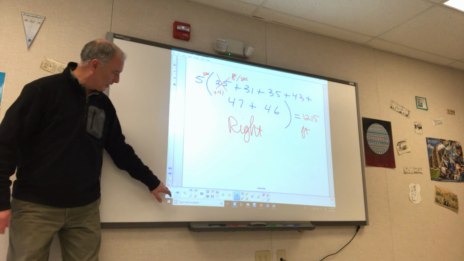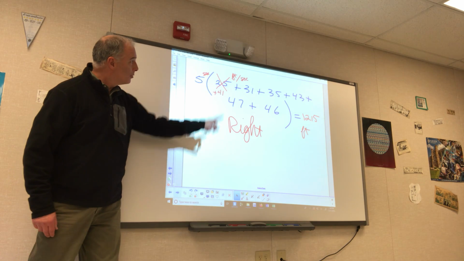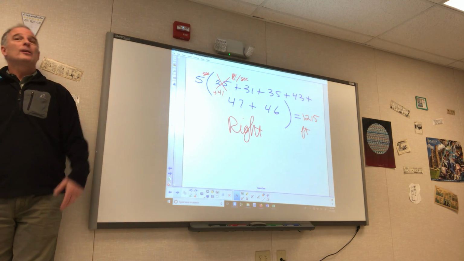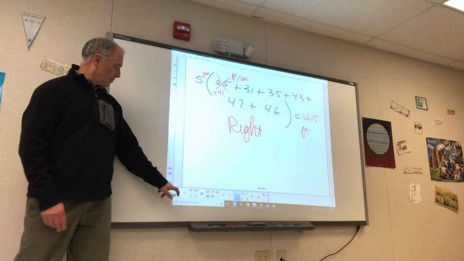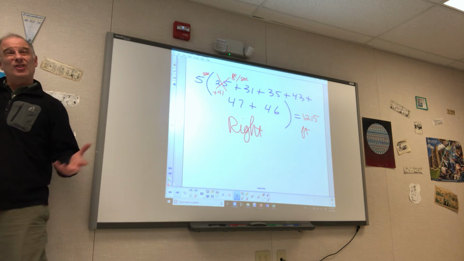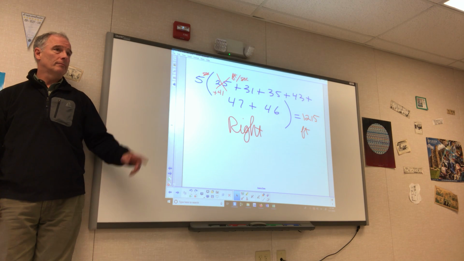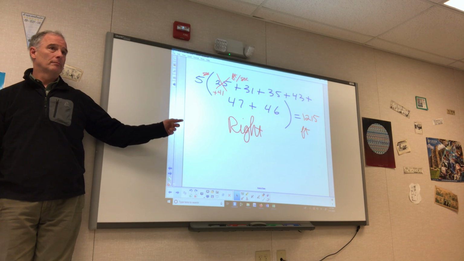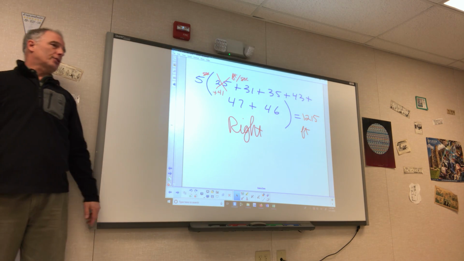Just swap out. So what did I go from? I went from 1135 to 1215. So probably the answer is somewhere in the middle. But again, close enough is good enough. You can just average them and get a closer answer. And that may be even better too.